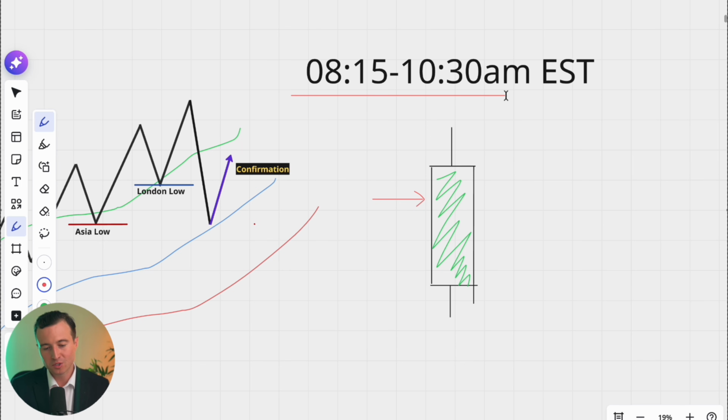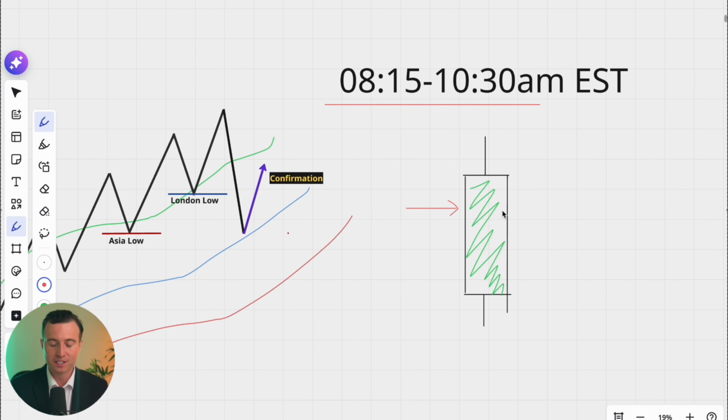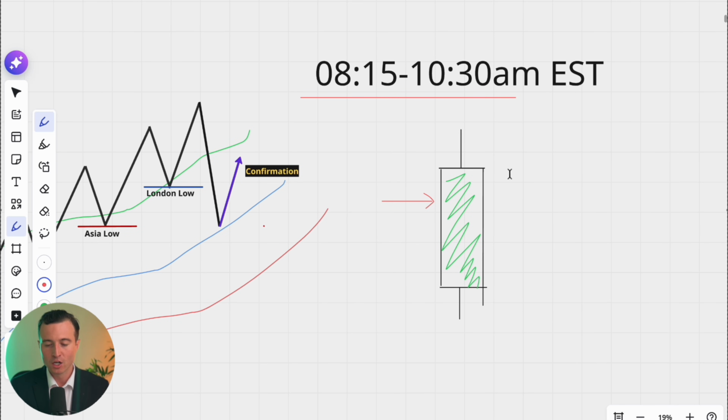And so once you see a 15-minute bullish confirmation, you're going to enter not on the close, but on the break of the high. So when you're bullish, when you're longing, you always want to enter as momentum is pushing and we break the high, because this is going to increase your win rate.